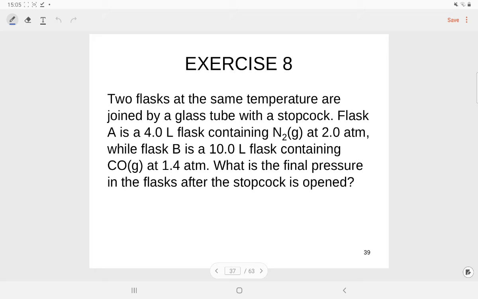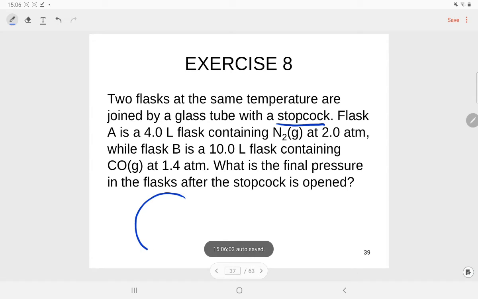When I allow the gases to mix by opening the valve, you need to calculate the total pressure. This time, instead of valve, it uses a different name, which is stopcock. The function is simply the same. Okay, let me guide you with a little bit more on how to translate this information.